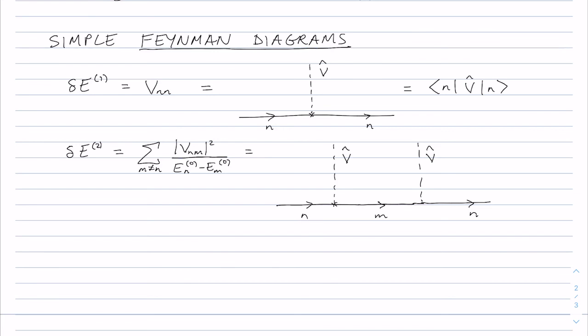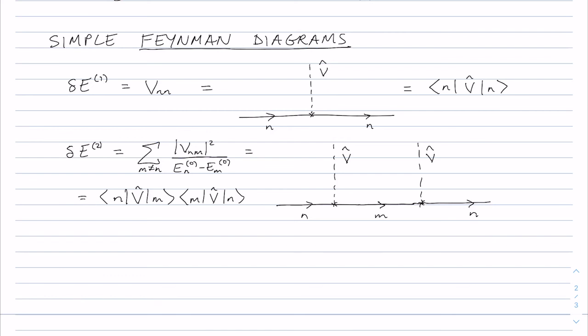Another way of writing this, I want to write it in the same way that I did the previous one. The first interaction is N becomes M due to V, then that M becomes back to N because of V, and then I need to understand what this intermediate state is doing.